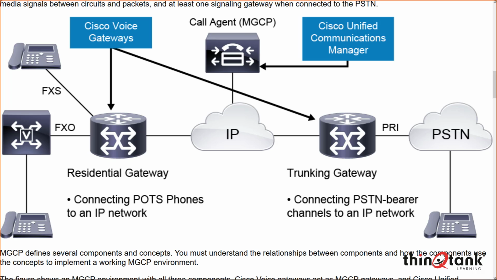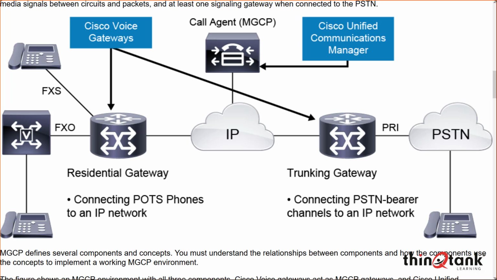The gateways themselves just manage the PSTN to IP translation, just like any gateway would. Doesn't matter if it's SIP or H323 or MGCP. It's just a device that does that translation between the switch circuit network, which is our traditional PSTN network, and the packet network.